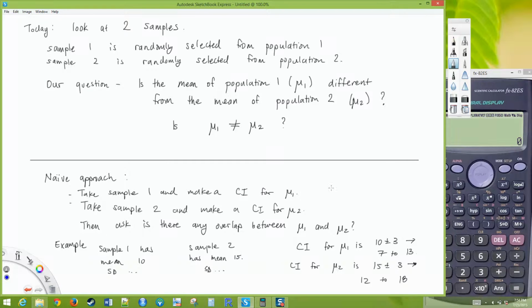Okay, so this approach ends up being a little bit overly cautious. Okay, so this approach is too cautious.